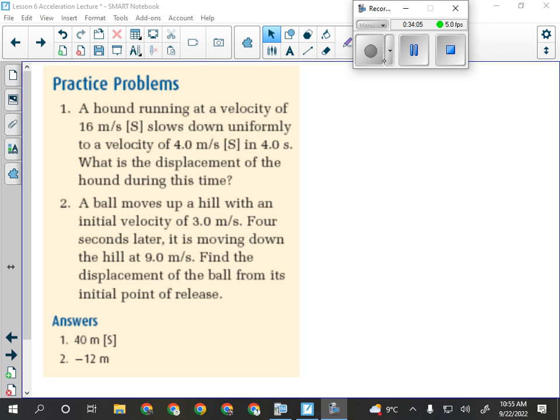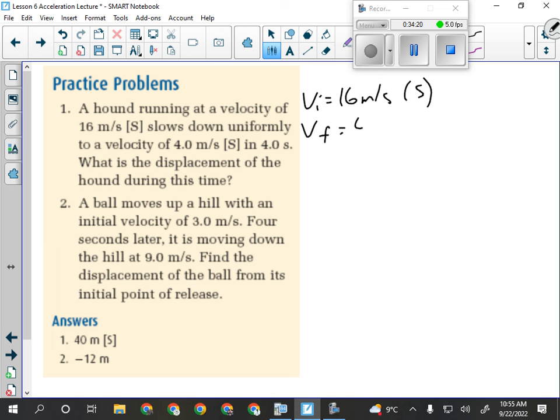All right, so we have a hound that's running at 16 meters per second south. Okay, and it slows down uniformly to a velocity of 4 meters per second south. What's the displacement during the 4 seconds that it slows down?